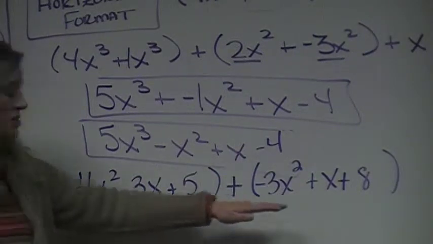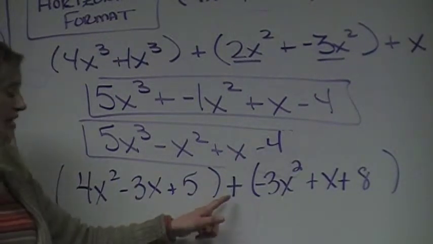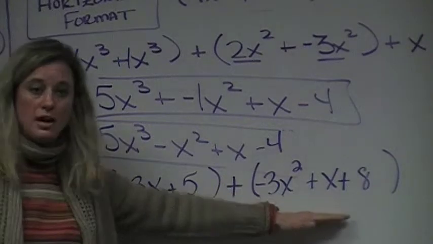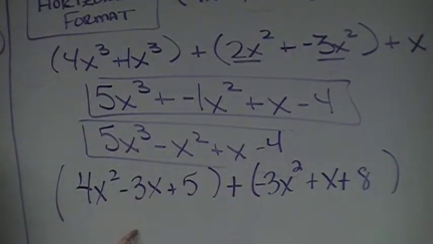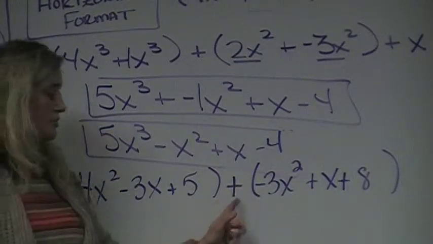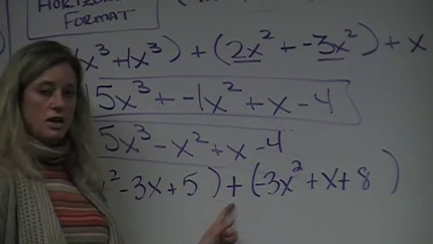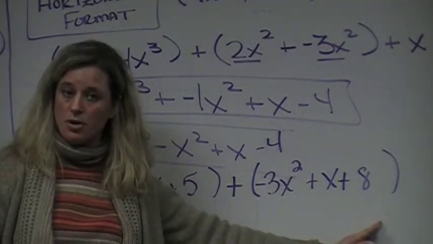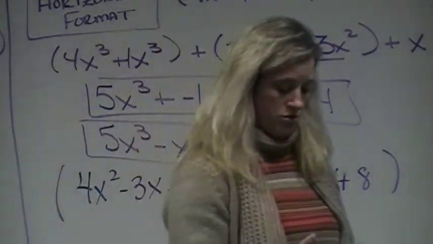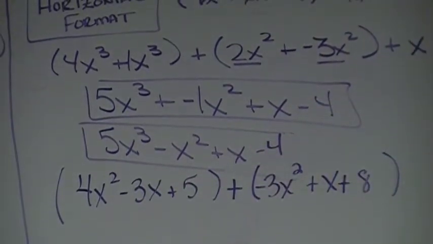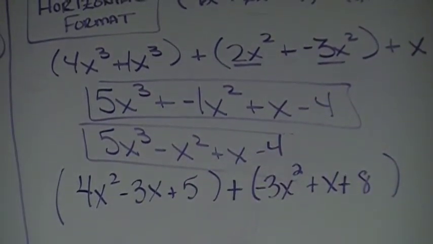So if I want to change this to adding the opposite, I'm only adding the opposite of the one I'm subtracting from the first. The first one does not get changed at all. It never gets touched. So this becomes plus a negative of only the second polynomial, never the first. Good question, though. Go ahead and try that one, and we'll see how you did.